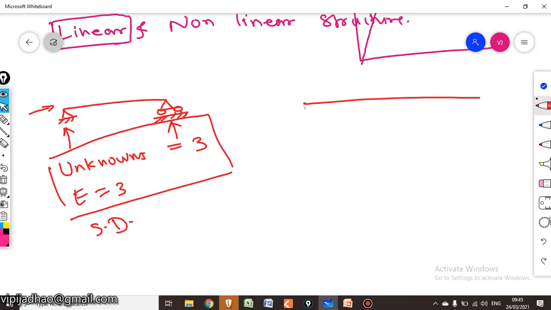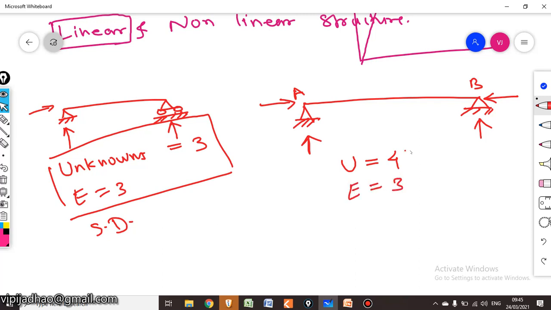Whereas if you see another beam which is supported on two hinges at two ends A and B, there will be a vertical and a horizontal reaction at each hinge. So the total number of unknowns will be equal to 4, whereas the total number of equations of equilibrium available is 3.